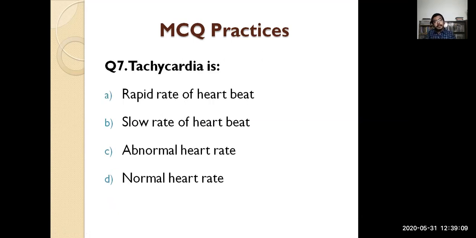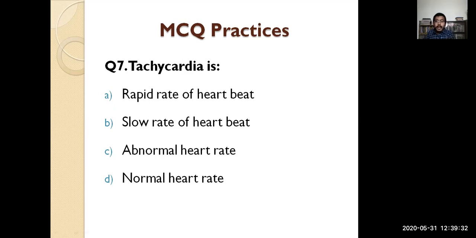And I have also explained that the normal rate of the heartbeat is called sinus rhythm. But due to different types of disease or pathological conditions, this heart rate might get increased or decreased. If the heart rate is increased, it is called tachycardia. And if the heart rate is decreased, it is called bradycardia.